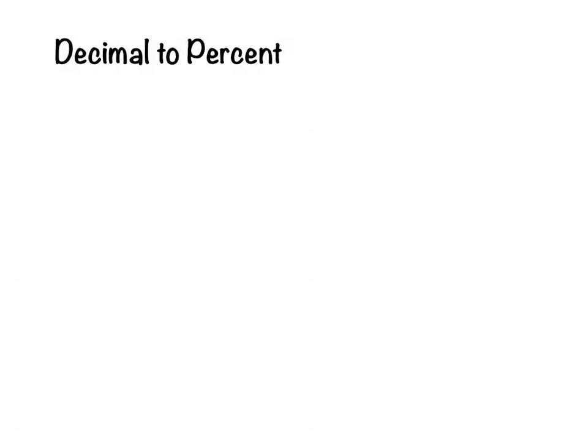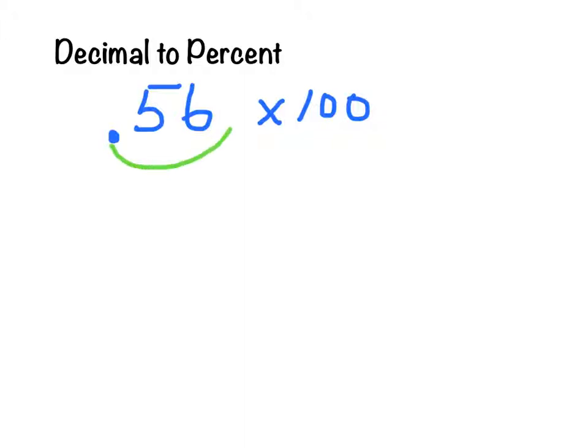Converting from decimal to percent is very easy. If I have 0.56, I'm going to go to percent, so I'm going to be technically multiplying by 100. When I multiply a decimal by 100, I'm just moving my decimal place 2 places to the right. So therefore, I have 56, and now I'm going to put a percent sign.